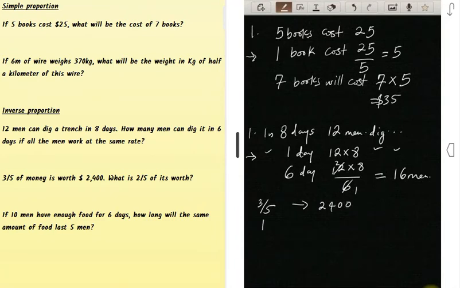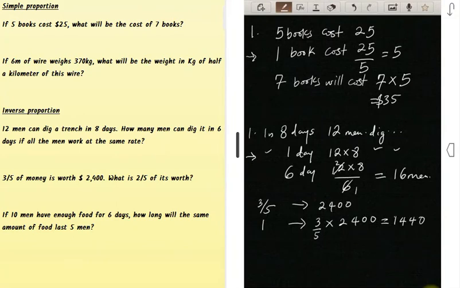Okay, 1 of the amount will be worth, of course, more than a fraction of it. So we'll have 3 over 5 times 2,400. That gives me 1,440.